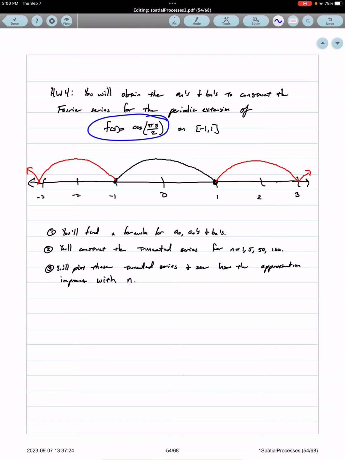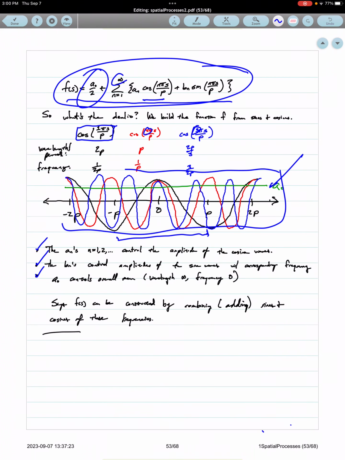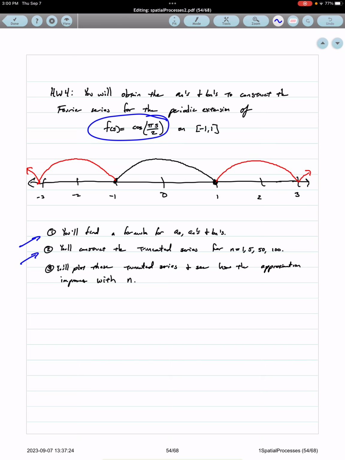And you'll find the formula for the ANs and the BNs, and you'll construct the series where it's truncated. So rather than taking it out to infinity, you're going to take it out to n equals 1 and 5 and 10. And what you'll see is that your truncated series will approximate this repeated periodic function better and better and better.